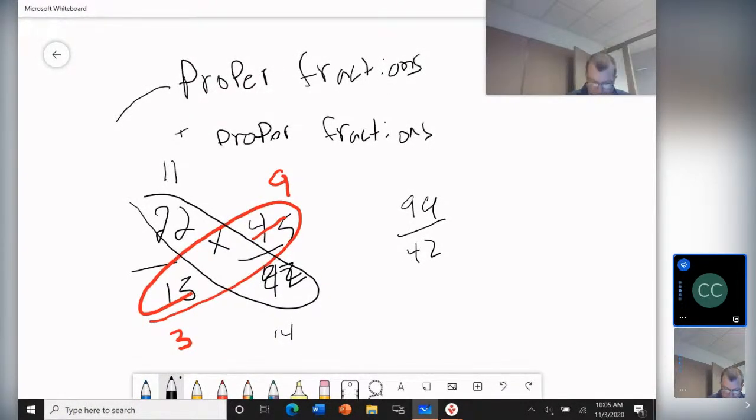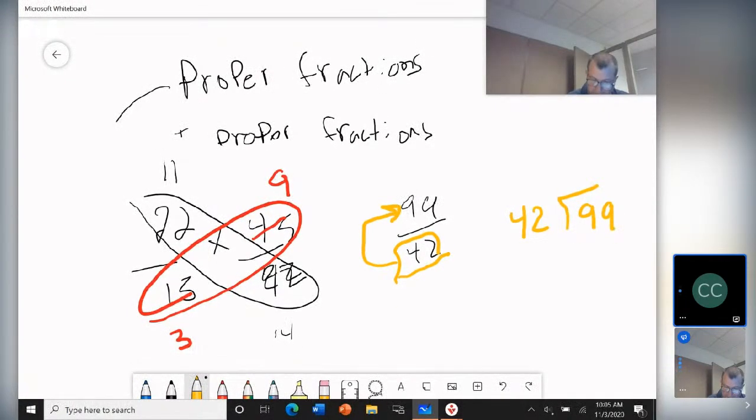So what we're going to get is 99 over 42. So once again, it's an improper fraction because the top is bigger. So how we're going to solve this, we're going to divide the 42, the denominator, into the top number. So if you do 42 into 99, we know it goes 2 times, and that's going to be 84, and there's going to be 15 left over.